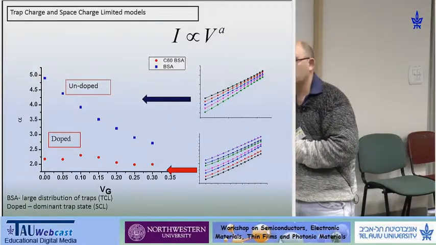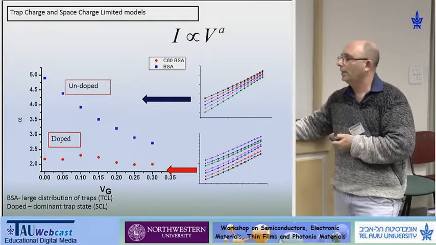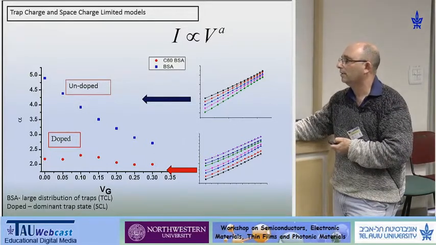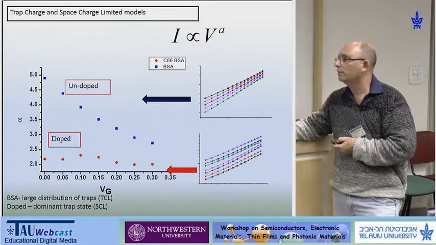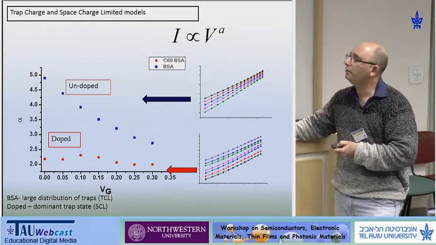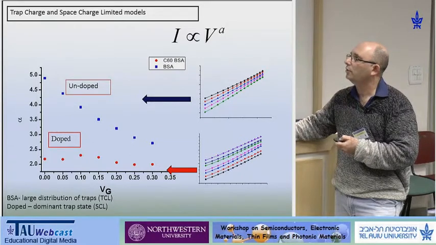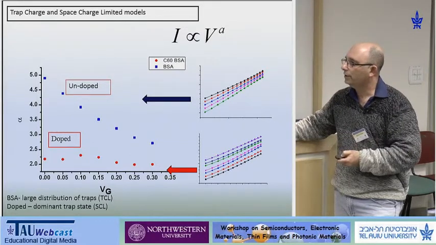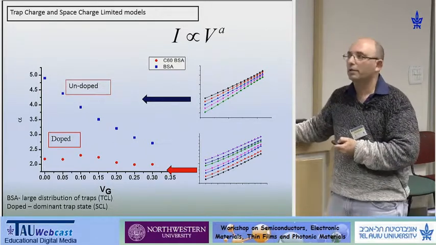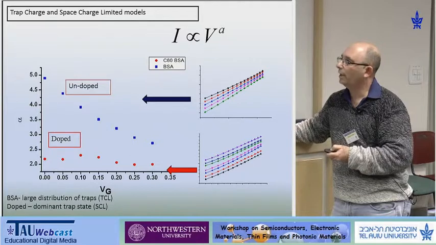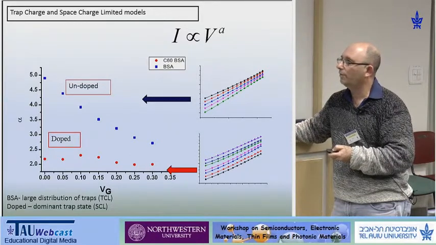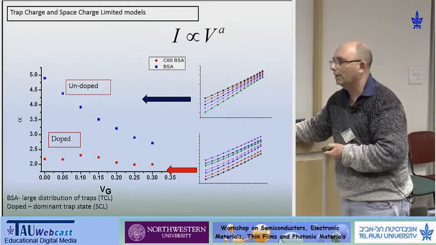One advantage of the transistor is that we can analyze the data as a function of the V-gate. So if you plot these curves, which try to find this alpha, you see that for the doped BSA, alpha is approximately equal to 2. And for the undoped BSA, alpha is not stable. It's going from 5 down to 2.5.